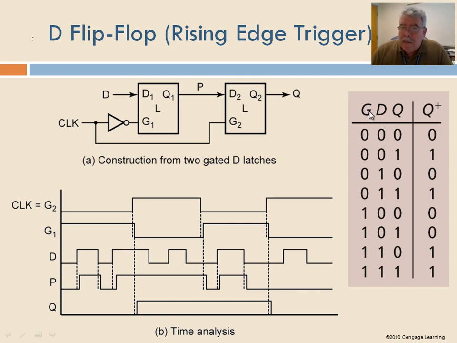If the gate input is 0, which corresponds to the clock being down, then no changes will occur. So you may change everything at the input, and the output will just be maintained, in this case 0, 1, 0, 1, while G is 0.